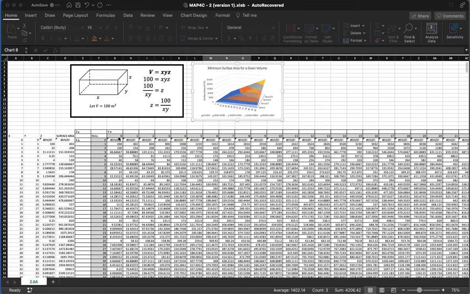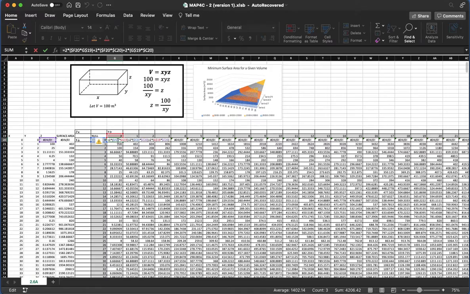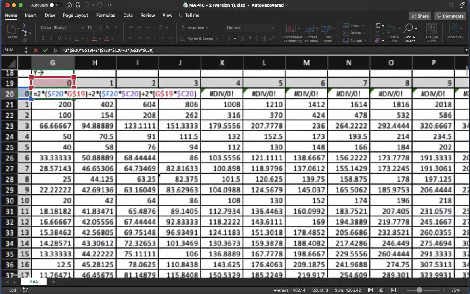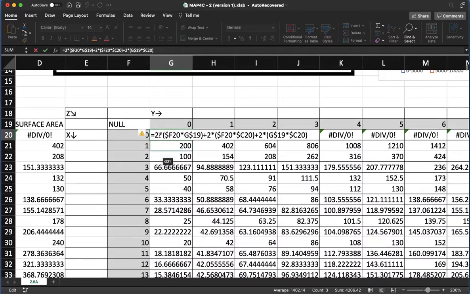And in this table, we have various values of x and various values of y. And what we can do is calculate the surface area. So this is quite advanced as far as Microsoft Excel is concerned, but we're just going to talk about this quickly.